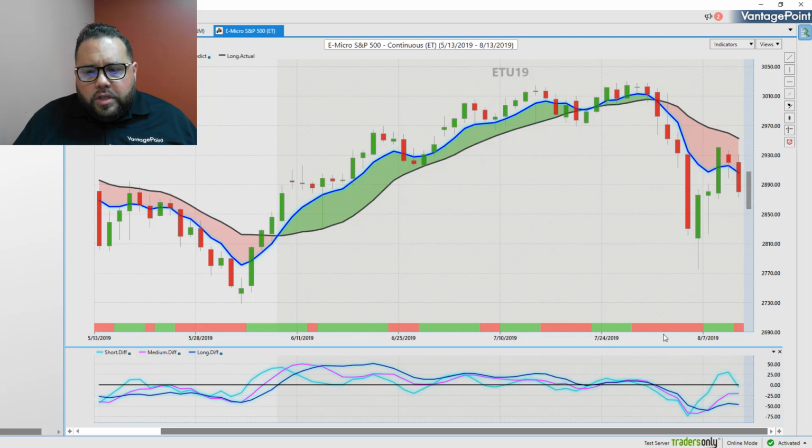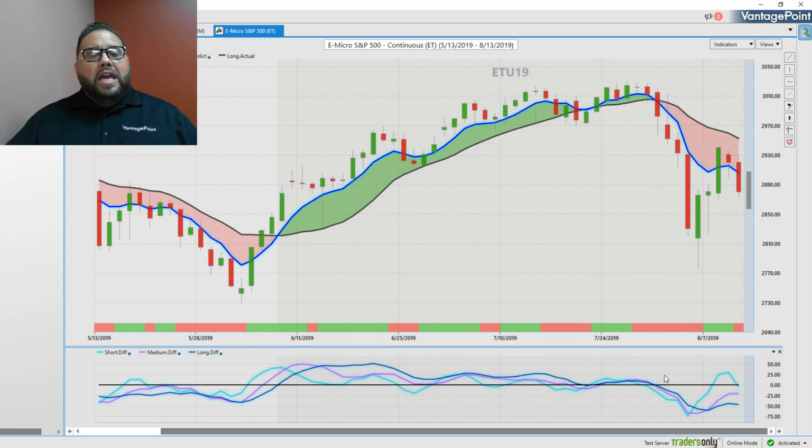The other thing, if you look at this neural index right here, I'm pointing at it, it's a green and red area. When it turned red, that's indicating short-term weakness. So we knew that there was weakness coming in the E-mini and the micro S&P 500 way back in July. And at the same time, these indicators at the bottom, known as the predictive differences, indicated the momentum over the next 1, 2, and 3 days was expected to go down for the micro S&P 500.